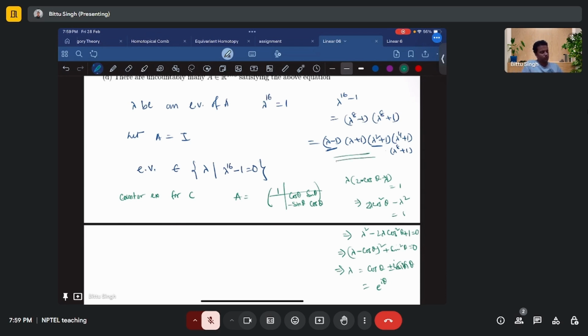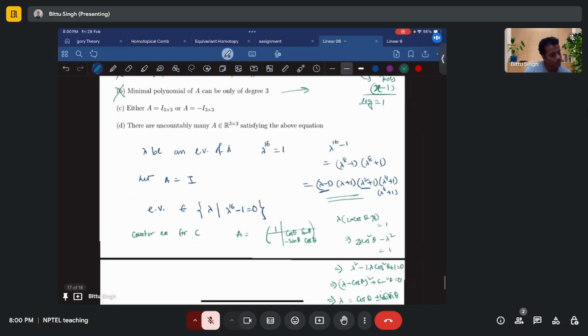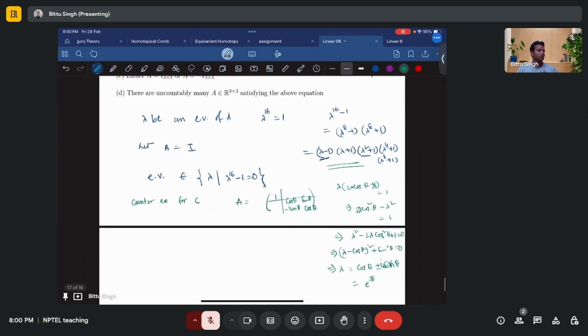So is it possible that e to the power 16 I theta equals 1? Take any other thing. So the question is about A.